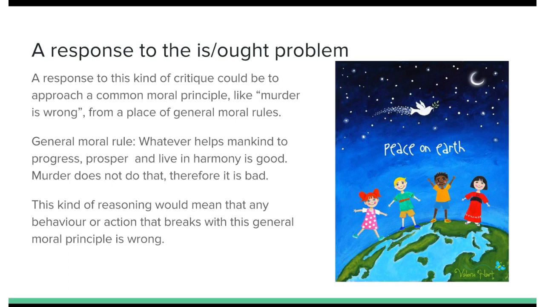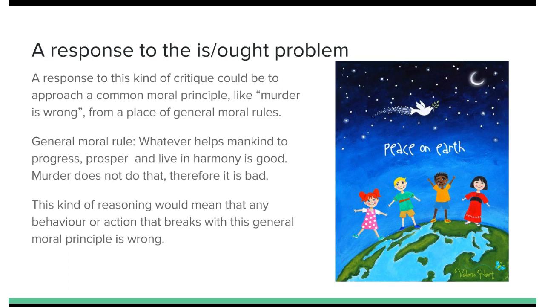If we look at murder and we have to decide whether murder is a good or bad thing, we might question, does it help mankind to progress? Does it help mankind to prosper? And does it help mankind to live in harmony? Well, if it doesn't do those things, then you might consider it to be a bad thing because it doesn't fit into the criteria of what is good. So this kind of reasoning would mean any behavior or any action that breaks with the general moral principle or rule is a wrong thing to do.